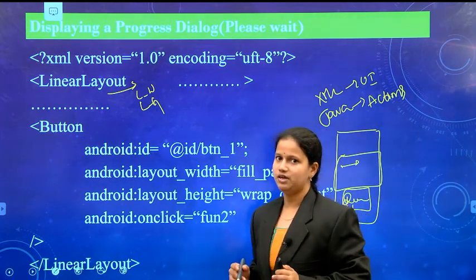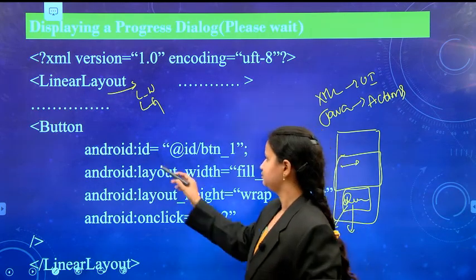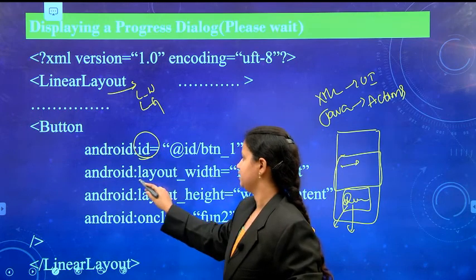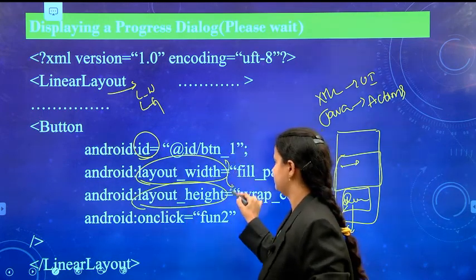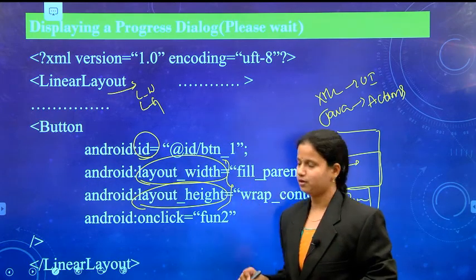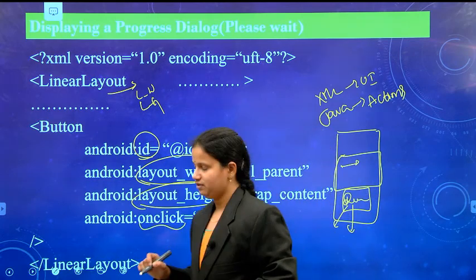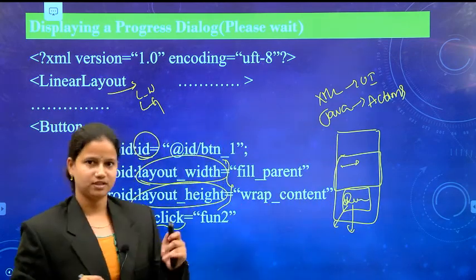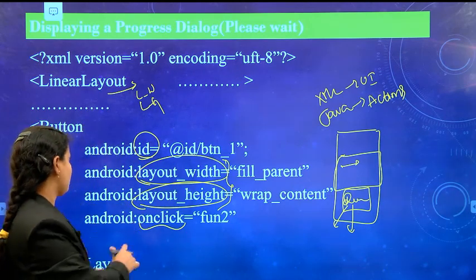In the previous example we saw a text view used to display a message. Here we set the ID of the button and the layout width and layout height. These two decide the width and height of the button. Then onClick: in the previous example we only used the onBackPressed method, but here we have to call a method using this property.